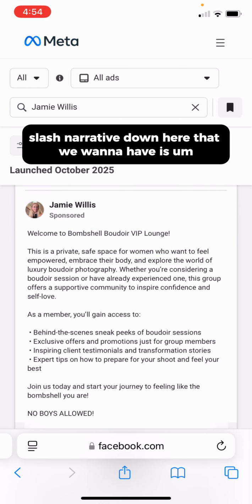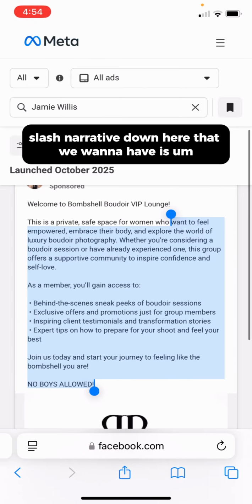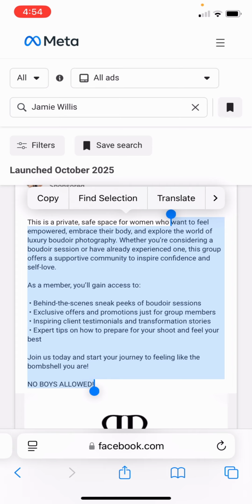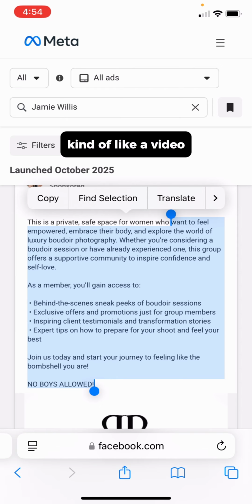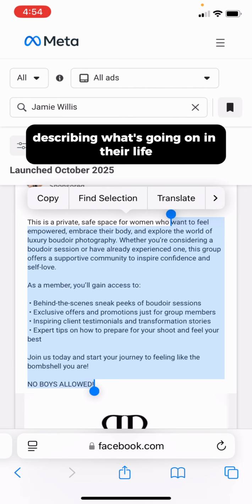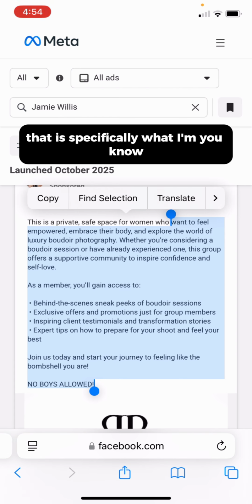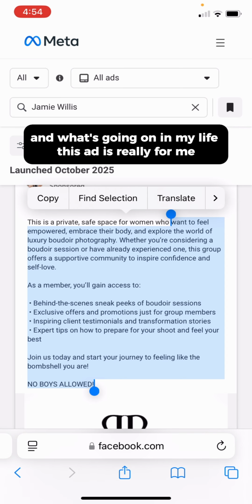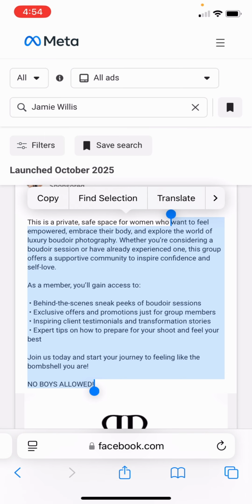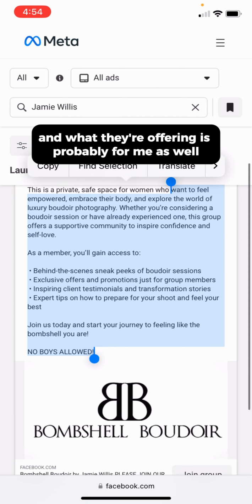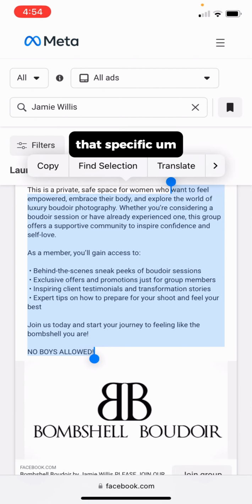And then the story or narrative down here is like a video recording of what's going on in their life, describing what's going on in their life. So it's a 1-2 punch where women are reading and they're like, wow, that is specifically what's going on in my brain and what's going on in my life. This ad is really for me. And what they're offering is probably for me as well, if they're that specific.